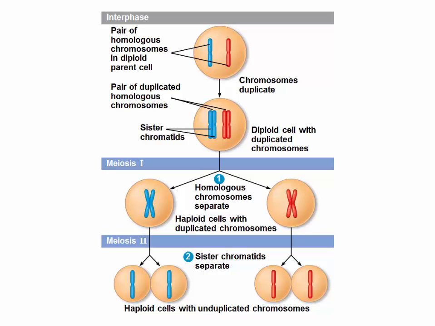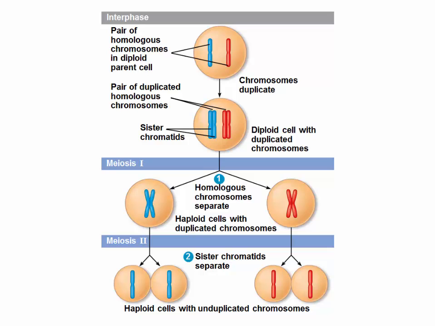So one duplicated chromosome with the sister chromatids attached by the centromere is going to go to one cell, and the other one is going to go to the other cell. So they are now haploid. So they have half the number of chromosomes as the parent cell, which had 2. So now each cell has 1 chromosome. That's meiosis 1. That's what happens in meiosis 1.